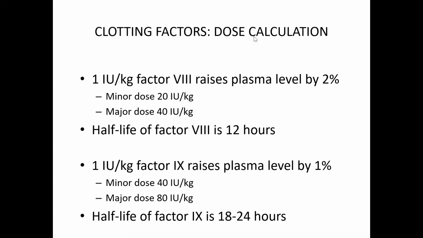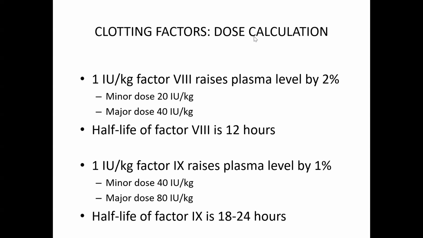For a minor dose, like a mucosal bleed or a gum bleed, you can give 20 international units per kg. A major dose you can give at 40 international units per kg. For a minor bleed, 20 international units per kg will achieve a correction of about half, while for a major bleed, you will get up to 100% correction.